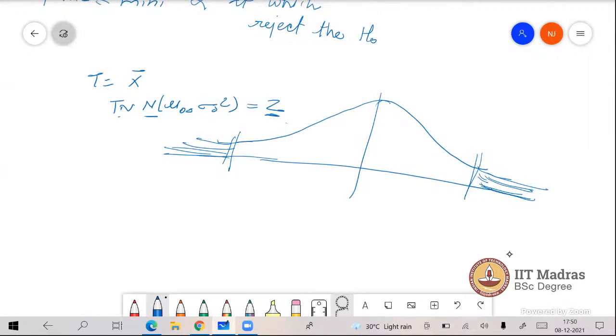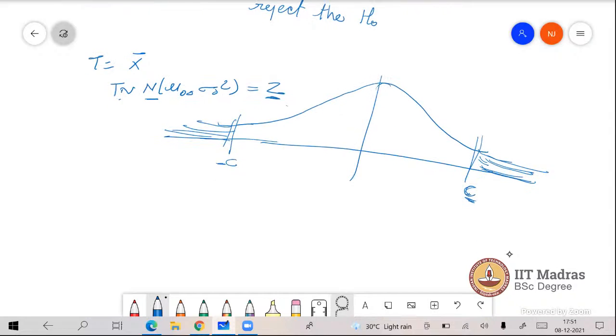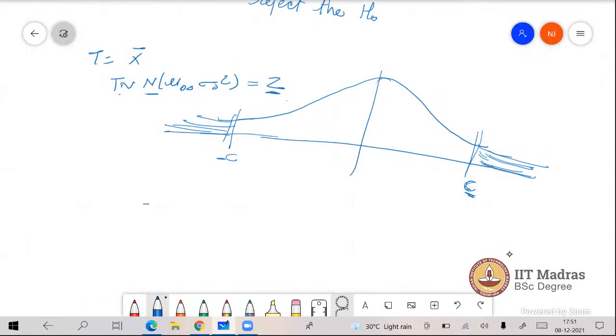You are interested in finding such a critical value C, such that if it lies greater than C or less than C, you reject your null hypothesis. Once I have observed my value of test statistic T, what will be your minimum rejection region? Let's say you have observed such a T here.